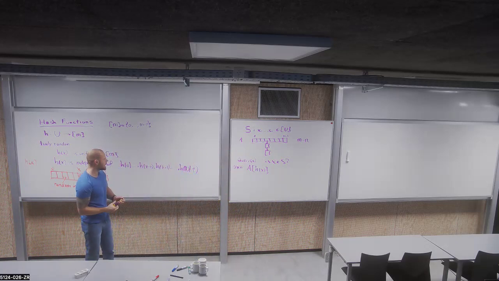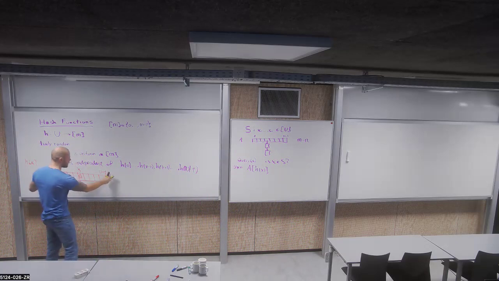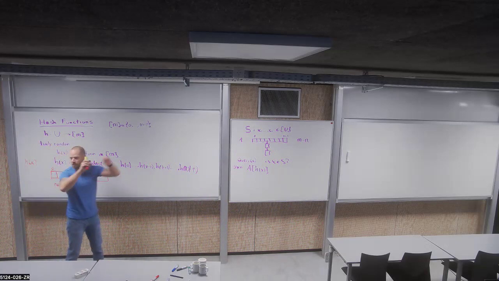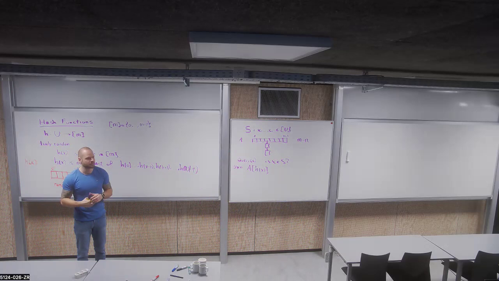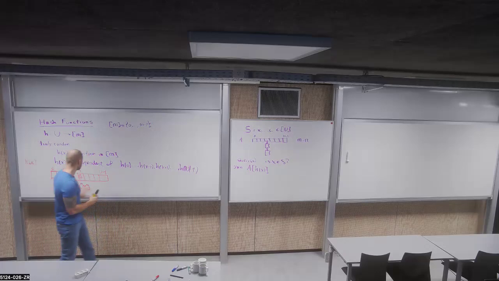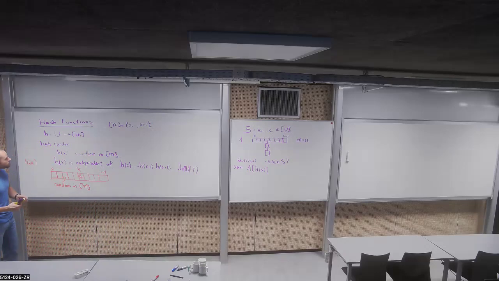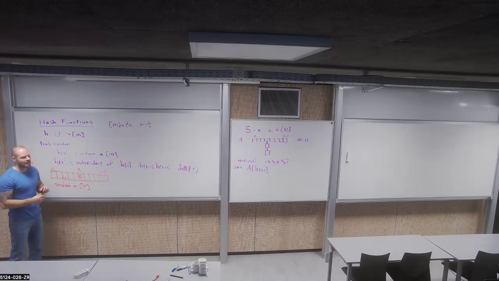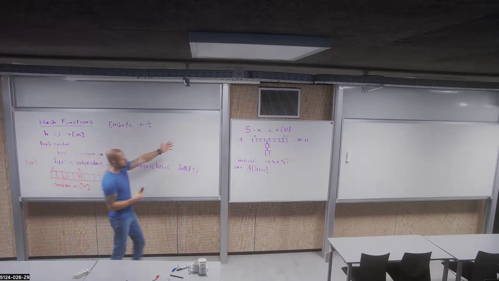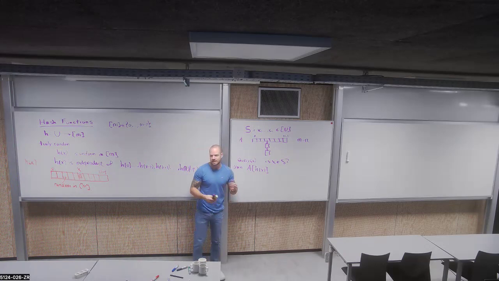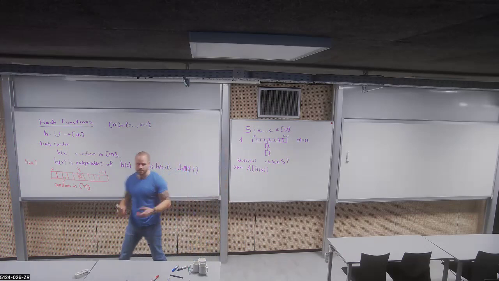Also, if we were allowed to spend memory proportional to the universe size, we could just store a bit vector with a 1 for every element in the set S and 0 for all the others, and look up in constant time. It would use less memory than storing this hash function. That's the motivation for today: we'll look at other properties hash functions can have, such that you can still solve this dictionary problem with runtime guarantees.